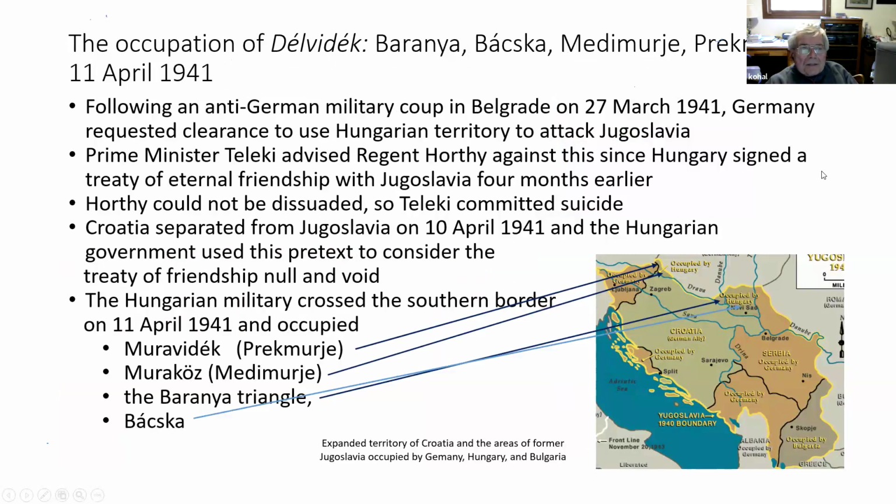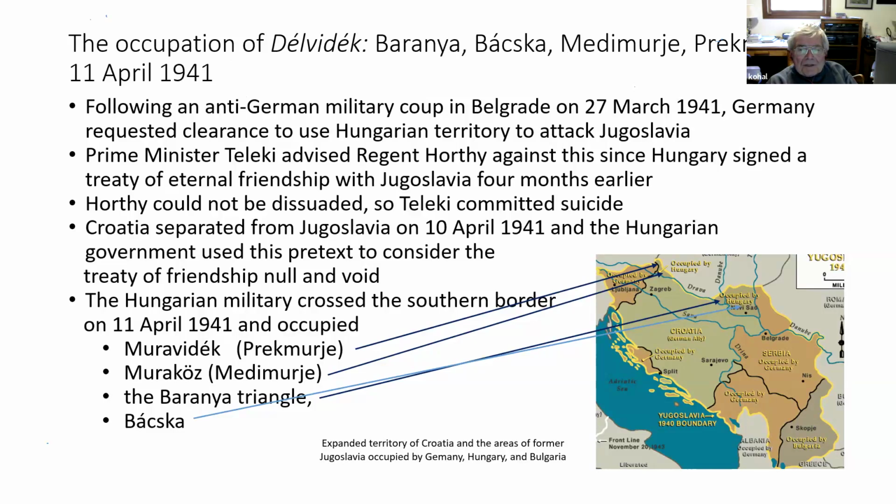Now we get into the complicated occupation of southern Hungary. The Germans and the Yugoslavs were at odds in terms of foreign policy.